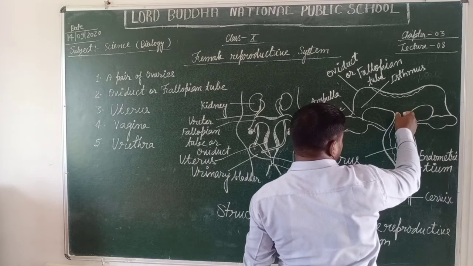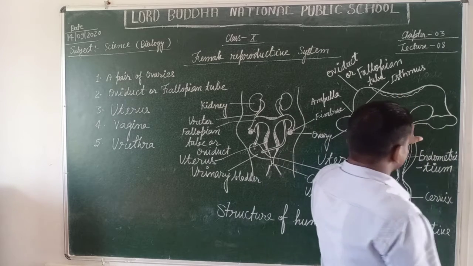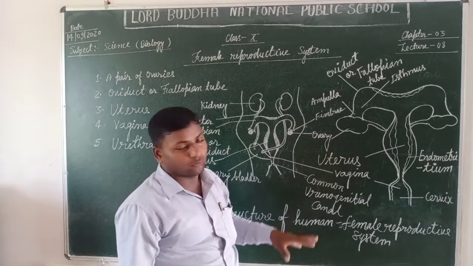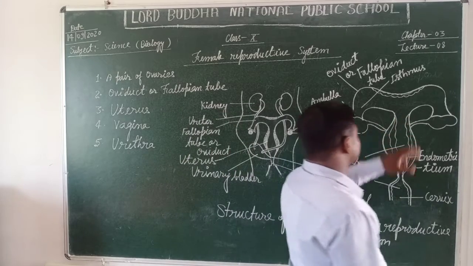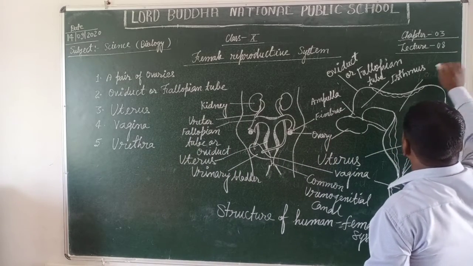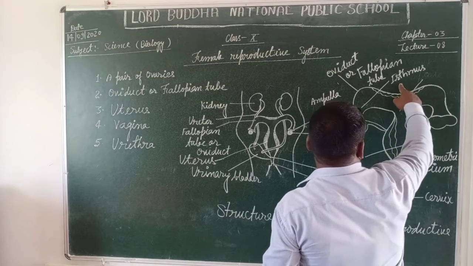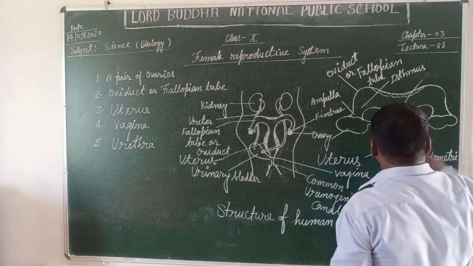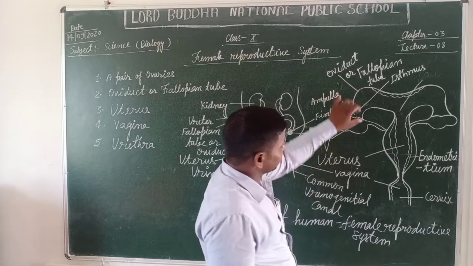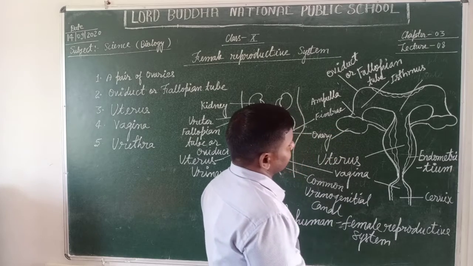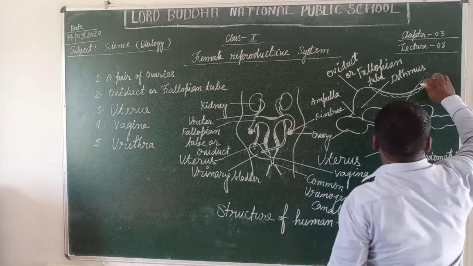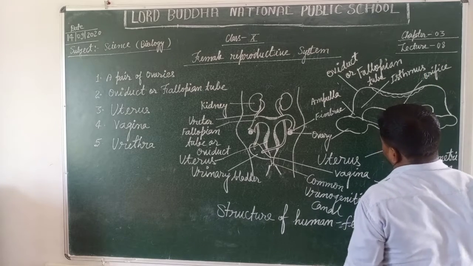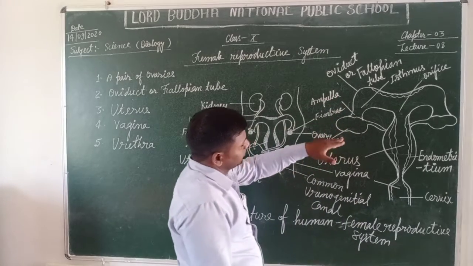And this is the short part that opens into the uterine wall, called the orifice of the fallopian tube or oviduct.